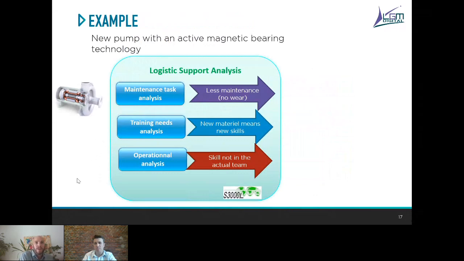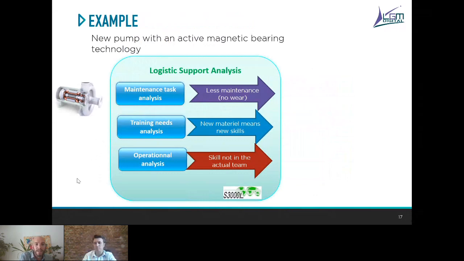We analyze the design, and the maintenance plan will be impacted with the maintenance task analysis. We will say that there is less maintenance because there is no wear, because we use an active magnetic bearing instead of the usual kind of bearing.